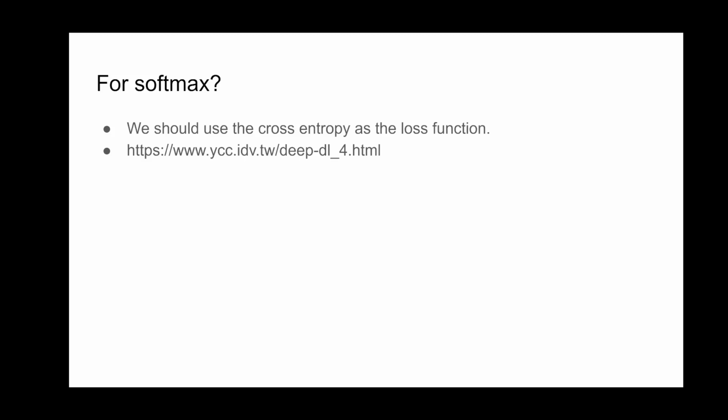I will not discuss the reason in detail here, but if you are interested, you can check the link here to see more detail, because this is part of the discussion called generalized linear models, and from this series we can know that the cross entropy will be the best loss function for the classification problem when we're using a softmax to generate the output.